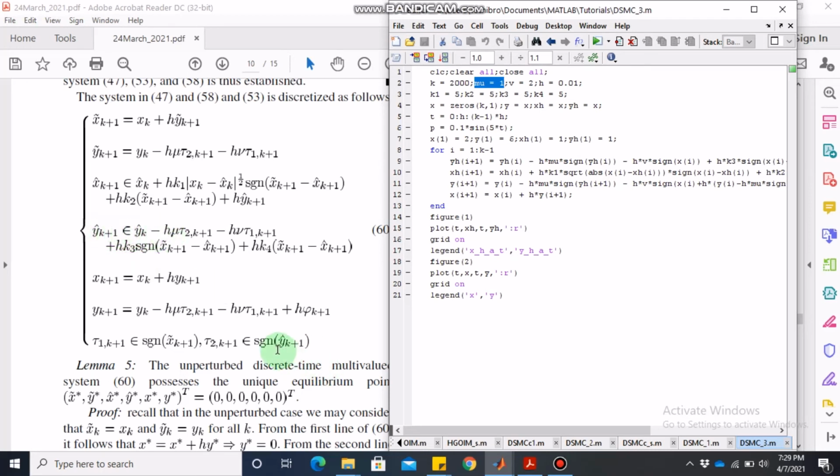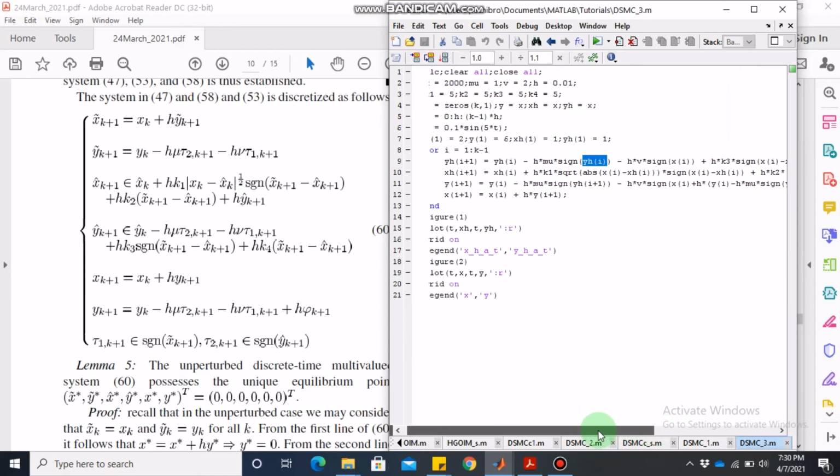Tau 2 is appearing within y hat and is using y hat, and that cannot happen. So what I do is I use y hat i instead of y hat i plus 1, because y hat i plus 1 is what I am computing using this. So here I have used y hat i.